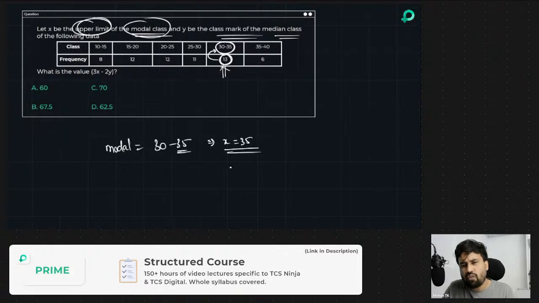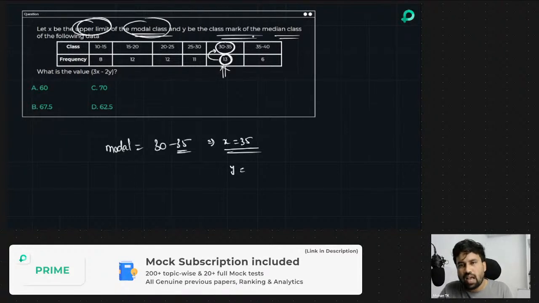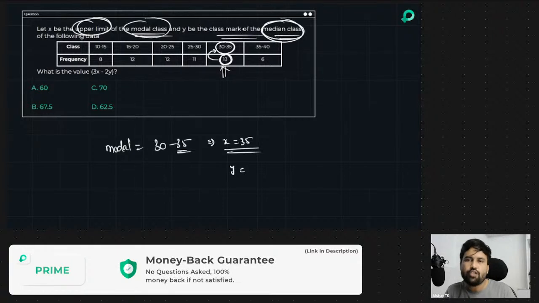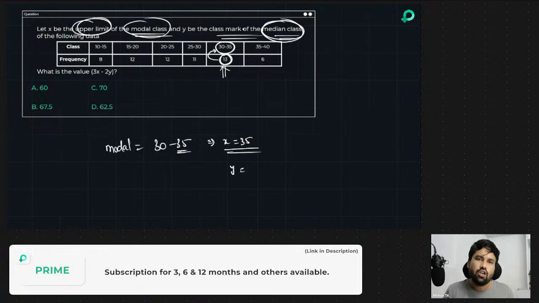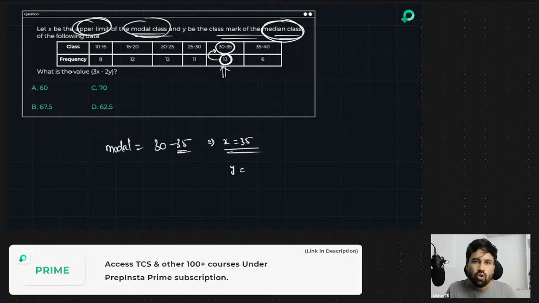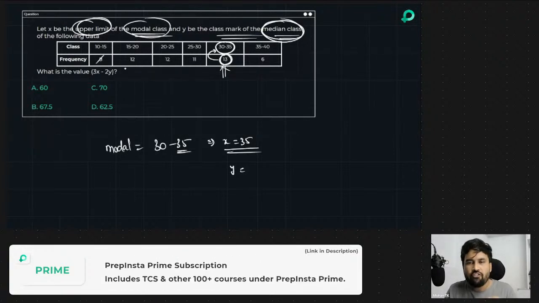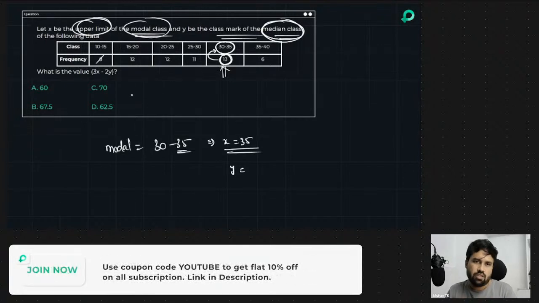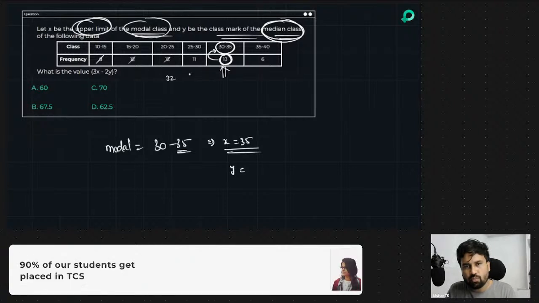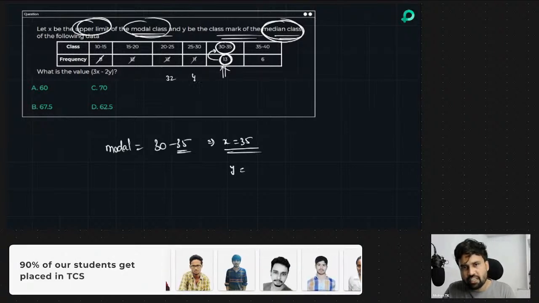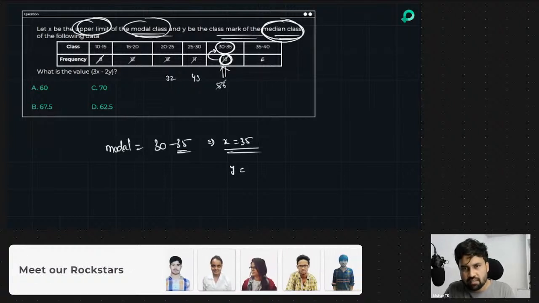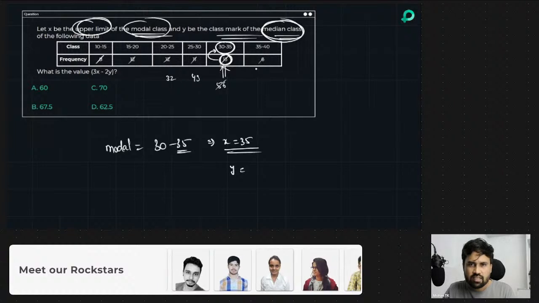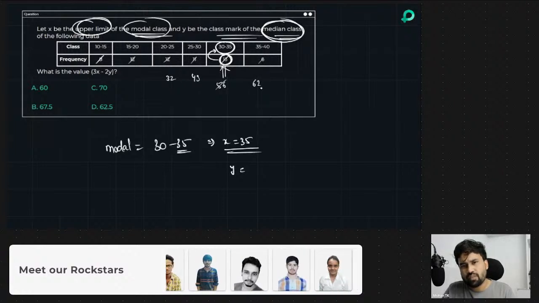Now let's look into the y value, which is the class mark of the median class. First you need to find the median class. To do that, the first step is to add all the frequencies. 8 plus 12 is 20, 20 plus 12 is 32, 32 plus 11 is 43, 43 plus 13 is 56, 56 plus 6 is 62.